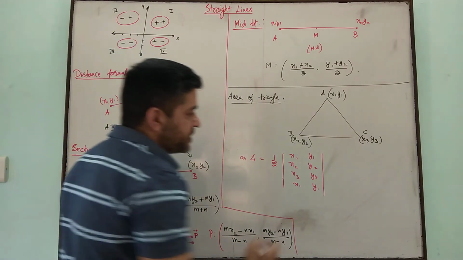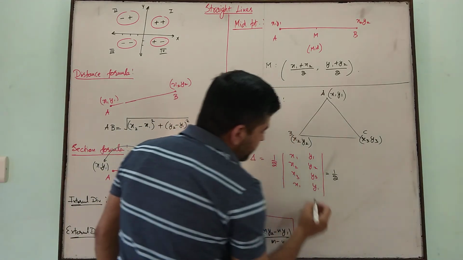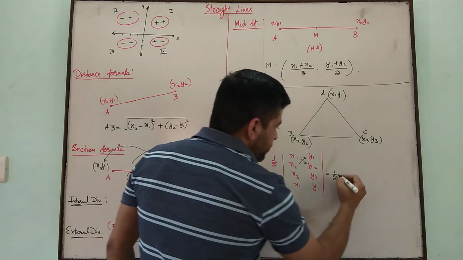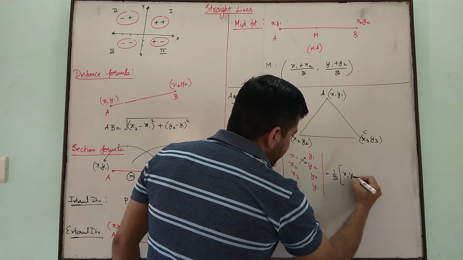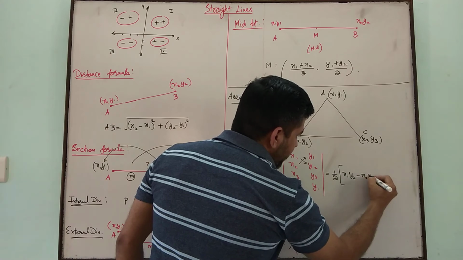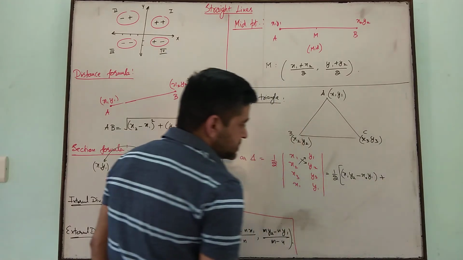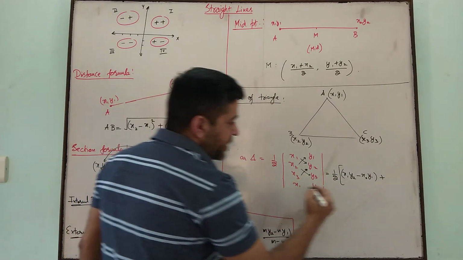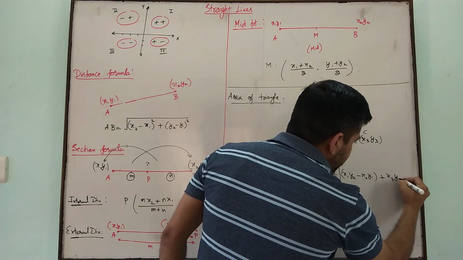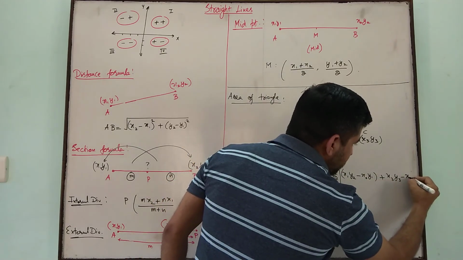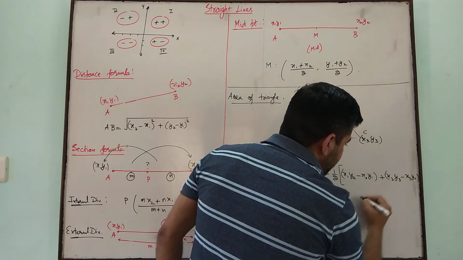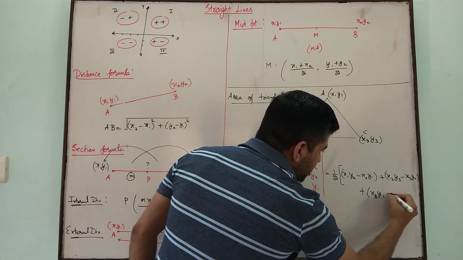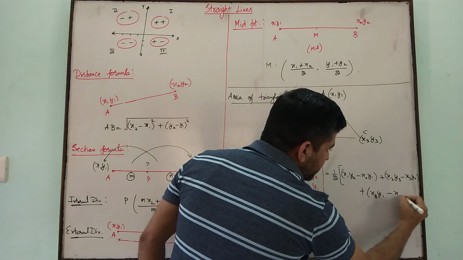Now how to solve it, that we know that half of x1 into y2 minus x2 into y1, plus next x2 into y3 minus x3 into y2, plus x3 into y1 minus x1 into y3.